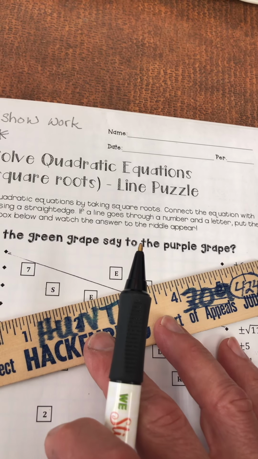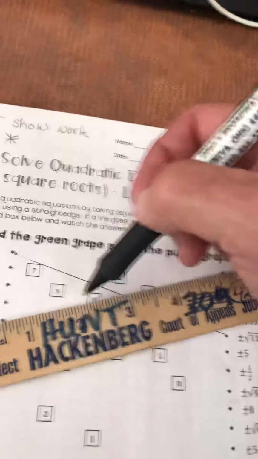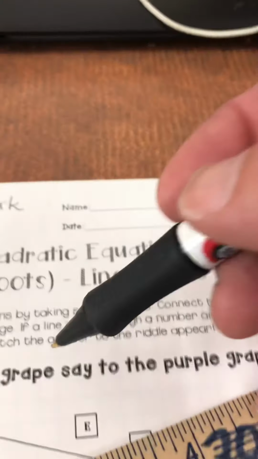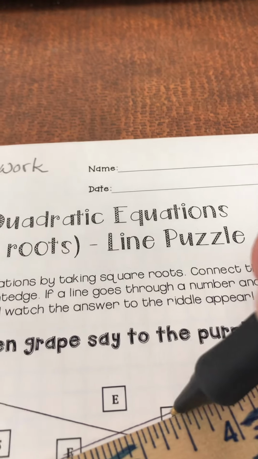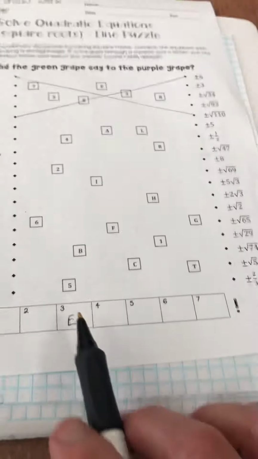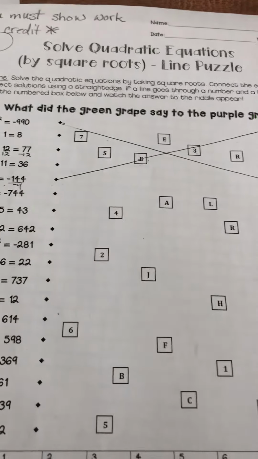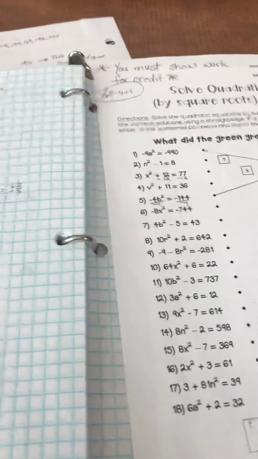So 3 and E go together. So you see that 3 and E. Let me go ahead and draw the line. Sorry, it's going to be kind of ugly. Okay, so notice 3 and E. That's just to give you an example of where you're going to start getting the answers for the puzzle.